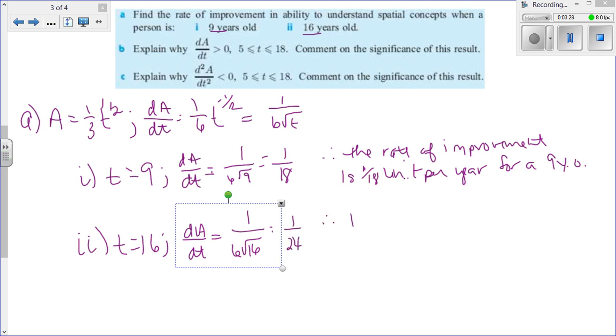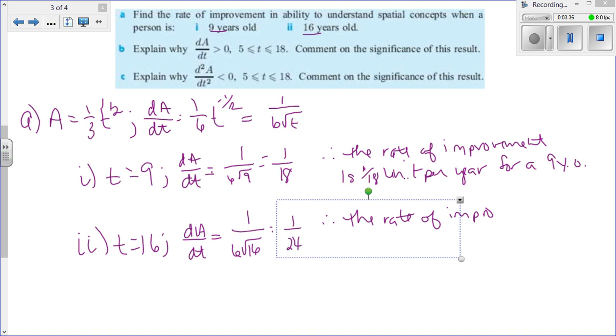And that means the rate of improvement is 1/24th unit per year for a 16-year-old.